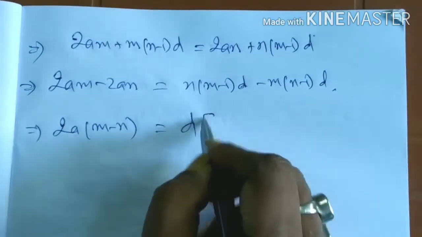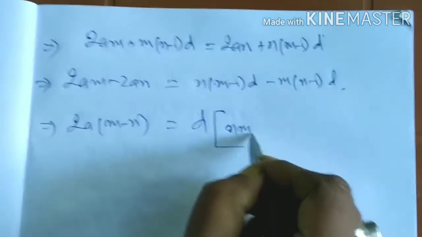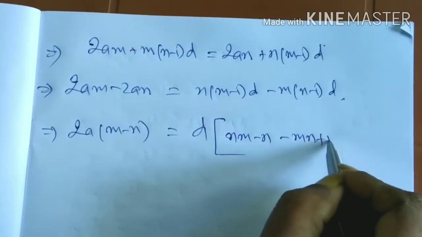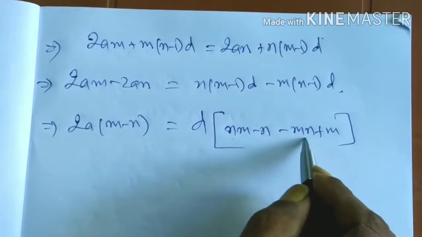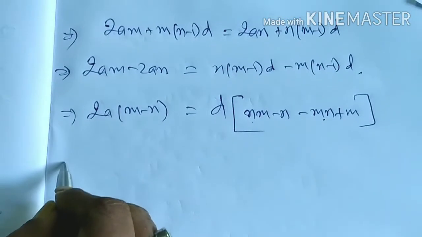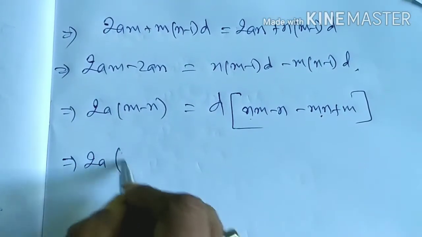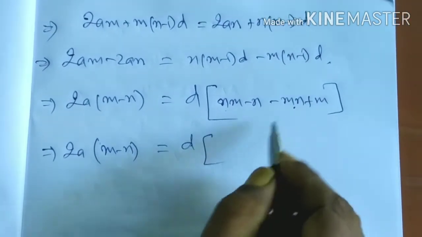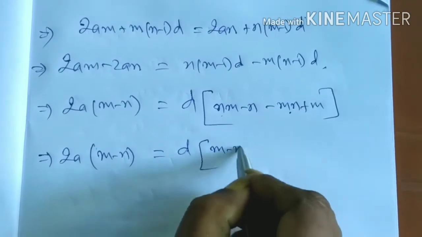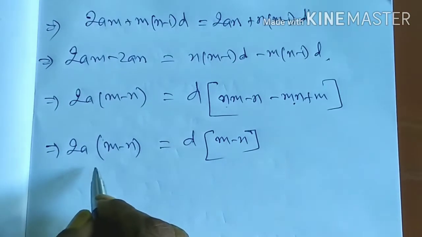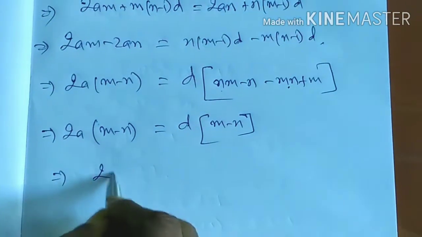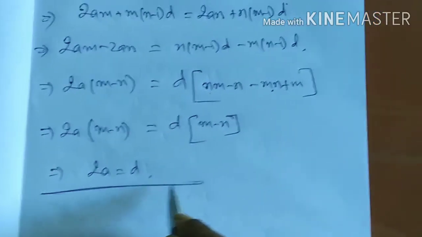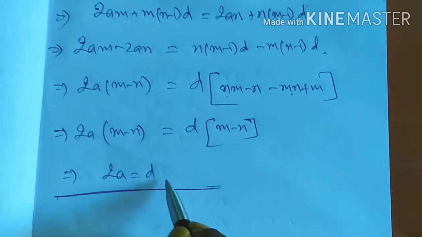Here d is common: nm minus n minus mn plus m. Here nm cancels out, so 2a into m minus n is equal to d into m minus n. Again, here m minus n cancels out, 2a is equal to d. This is the relation I got, that is 2a is equal to d.